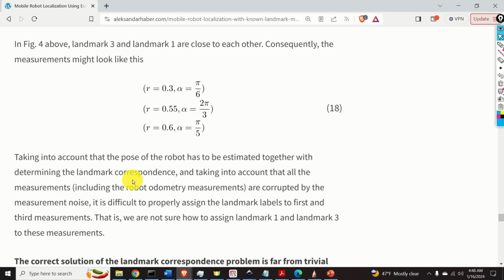Taking into account that the pose of the robot has to be estimated together with determining the landmark correspondence, and taking into account that all the measurements, including the robot odometry measurements, are corrupted by the measurement noise, it is difficult to properly assign the landmark labels to the first and third measurements. That is, we are not sure how to assign landmark 1 and landmark 3 to these measurements.